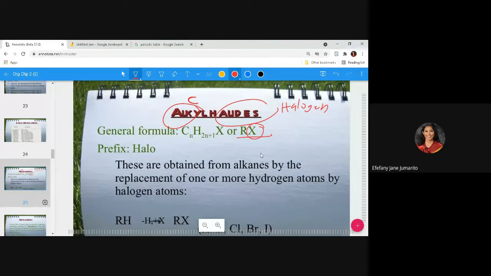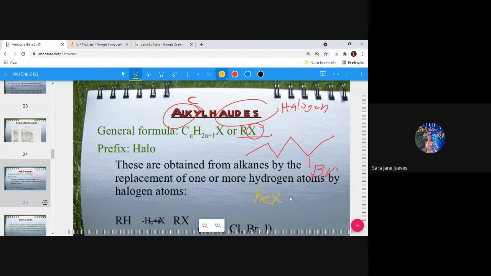Now, example, how would you name this one? Okay, how would you name that one, class? Okay, parent chain. We have hex. Hex, ma'am.